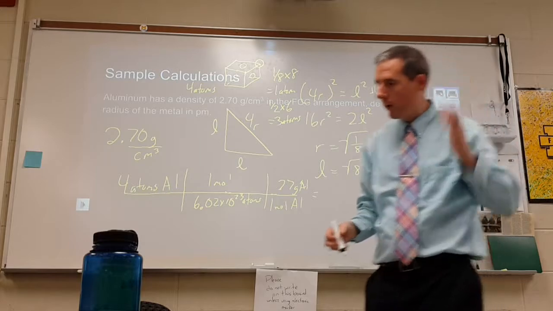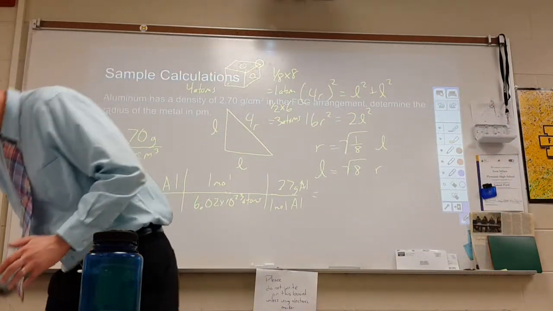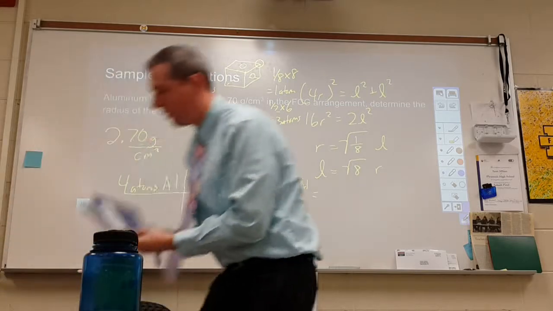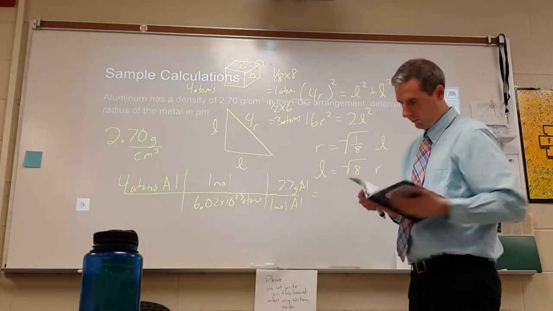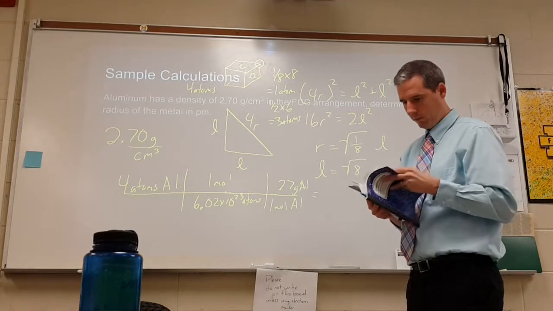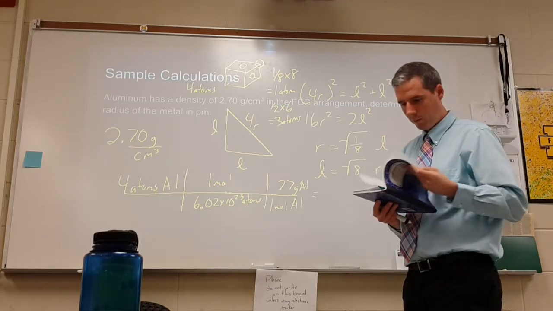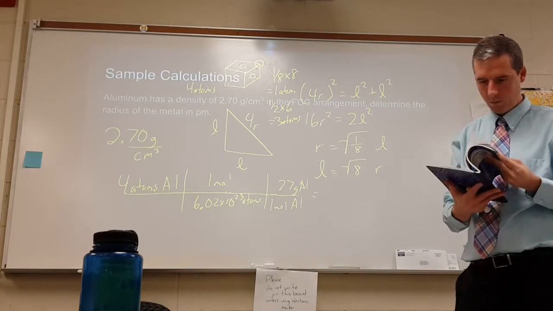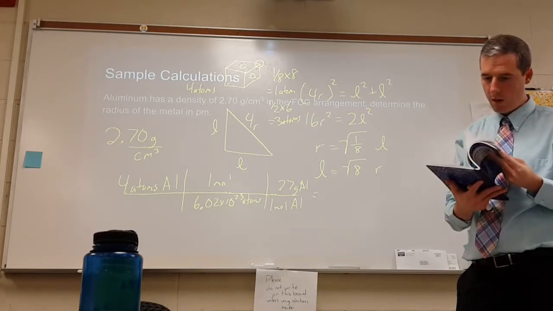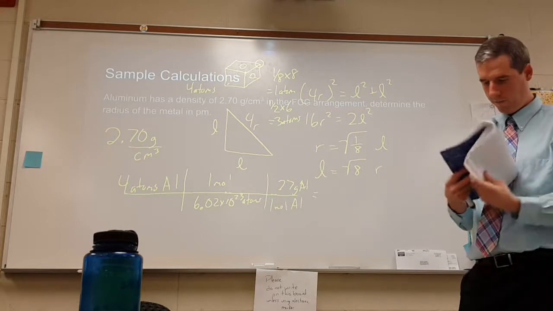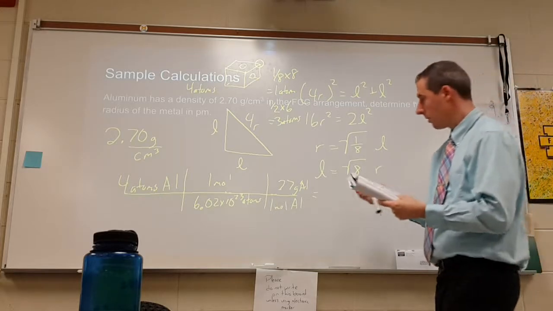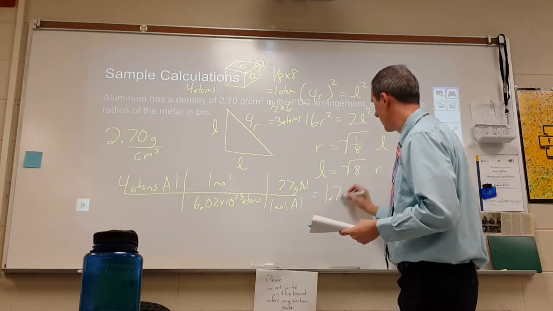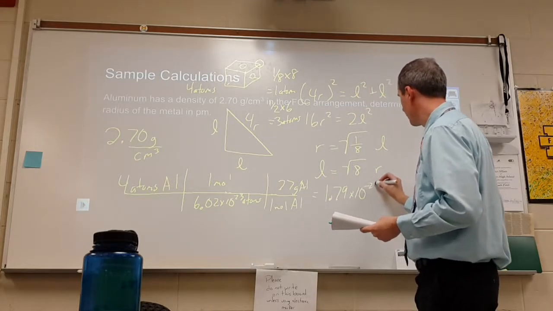So we're going to work that out, and I worked this out already. We don't need to do that. So this comes out to be 1.79 times 10 to the negative 22nd grams.